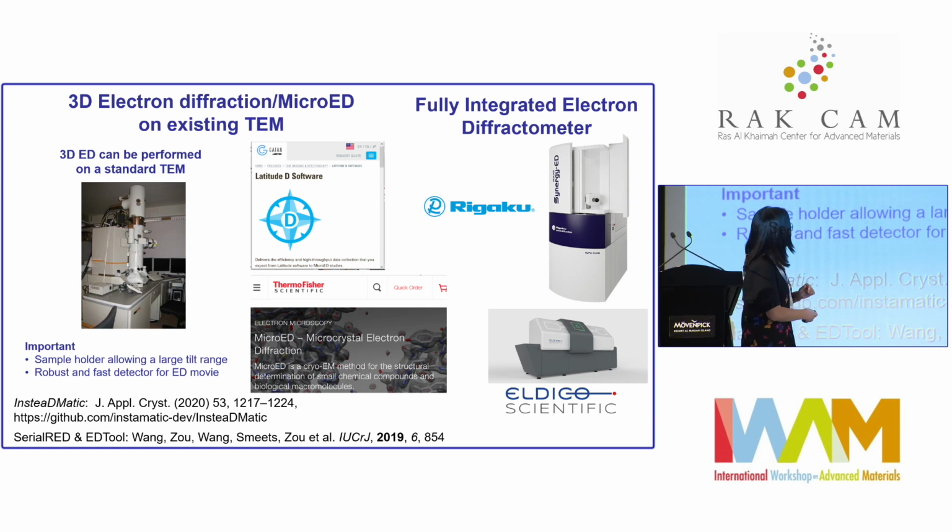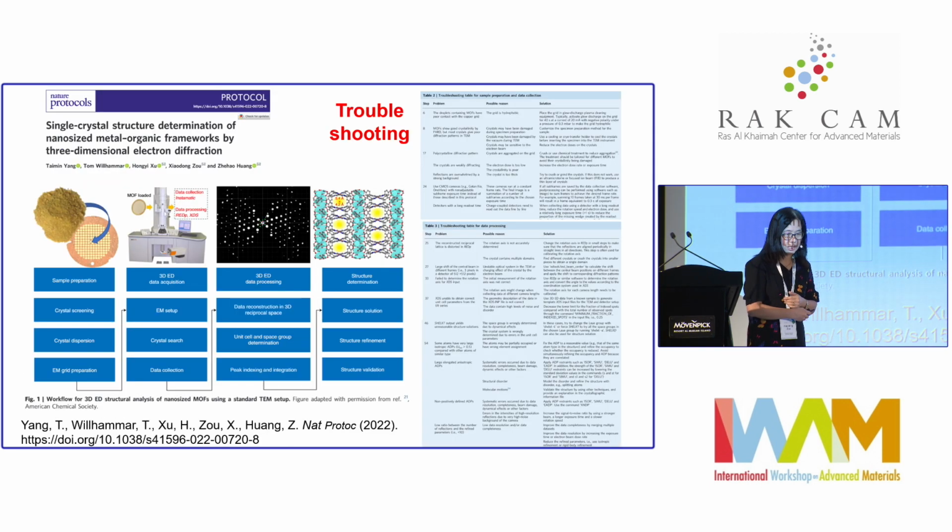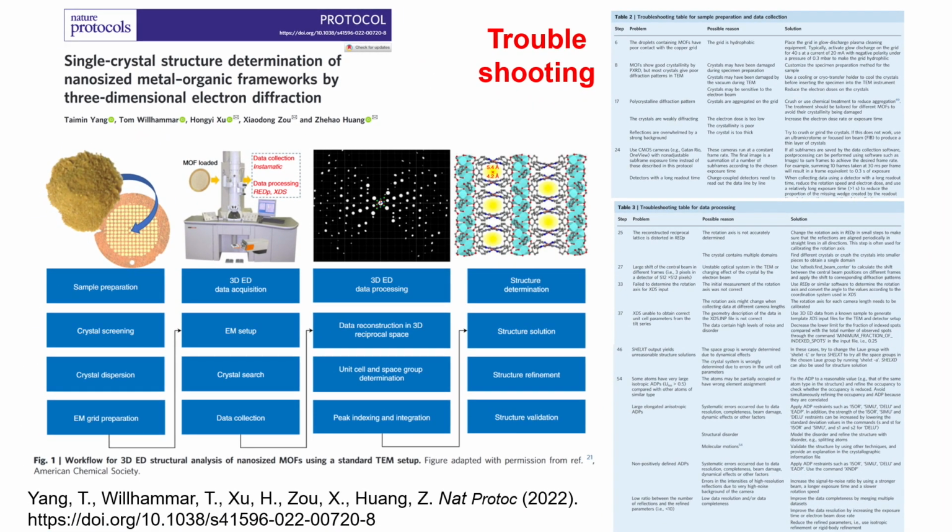That's all. There are different commercial possibilities, from software-based solutions, from Gatan, and also different diffractometers that have been commercialized for these purposes. And if you want to know more, we have written an article, a protocol, that explains step by step how to use electron diffraction for structure determination. You can have a look at this article.